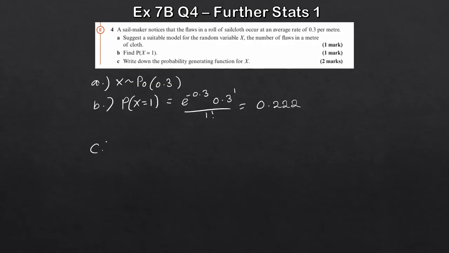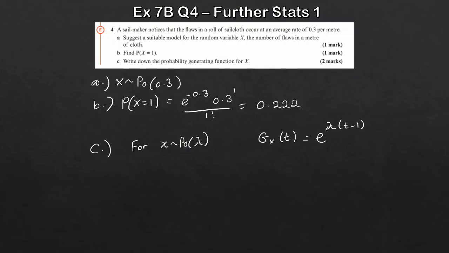And then finally, part C, we just have to write down the probability generating function for x. So just more practice, remember. We'll write out in full for x being a Poisson distribution with a mean of lambda. We can define the probability generating function here as being e to the lambda times t minus 1.